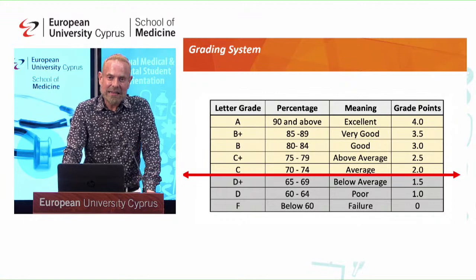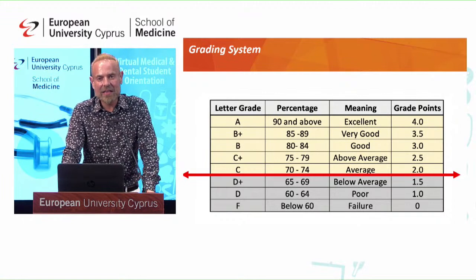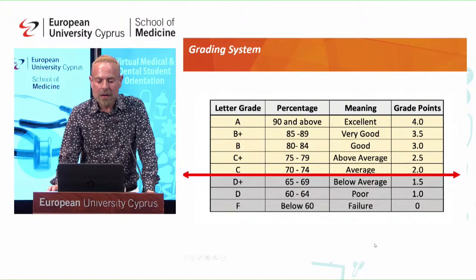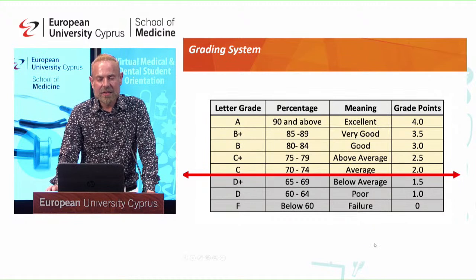D plus and D can be passing grades despite the fact that they don't give the full GPA, but they give 1.5 or 1, provided your overall GPA, as I will explain later, is above 2.